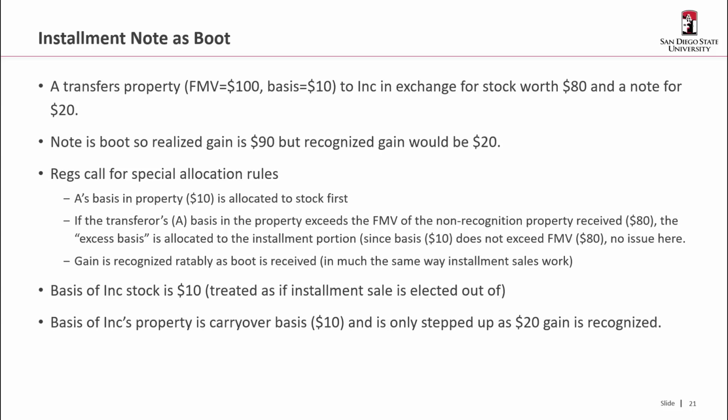So gain is just going to be recognized ratably as boot is received, and as a result, that gain is going to be added to the basis of the property. So the basis of Inc.'s property is the carryover basis, but as each dollar of gain is recognized, that basis gets increased by the amount of the gain that's recognized. Okay, I don't know whether that made any sense or not.